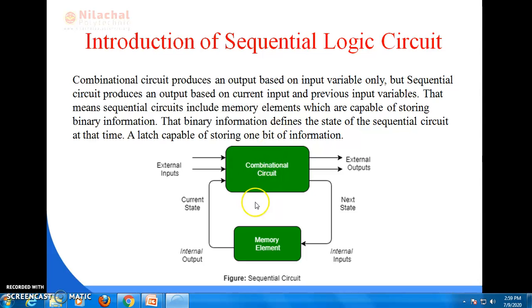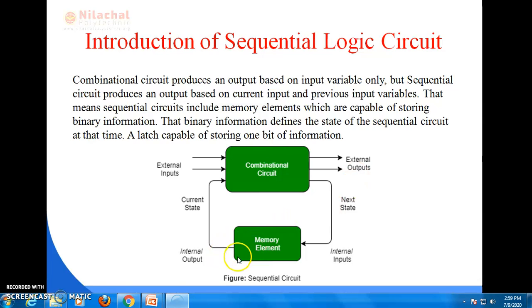This is the circuit diagram of a sequential circuit. Here two main components are present: one is the combinational logic circuit and the other is the memory element. We give external inputs to the combinational circuit and it gives external outputs.